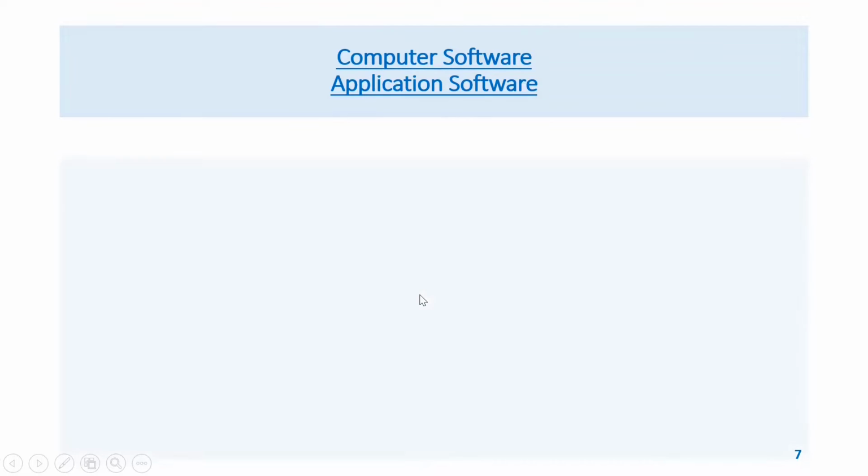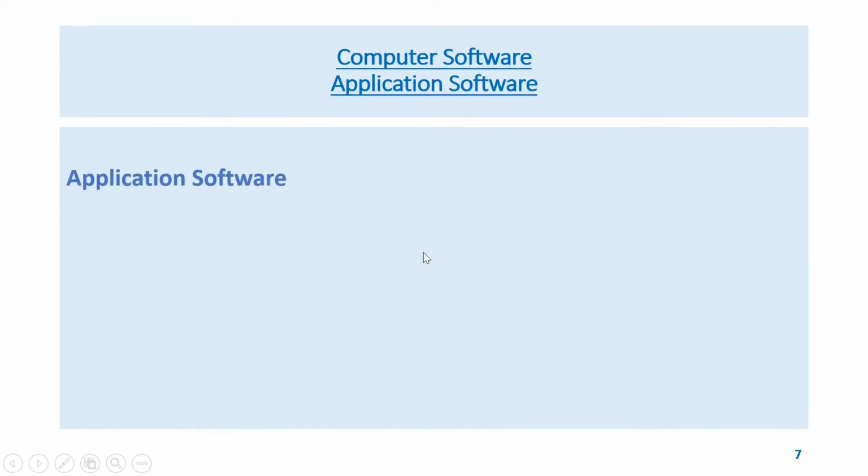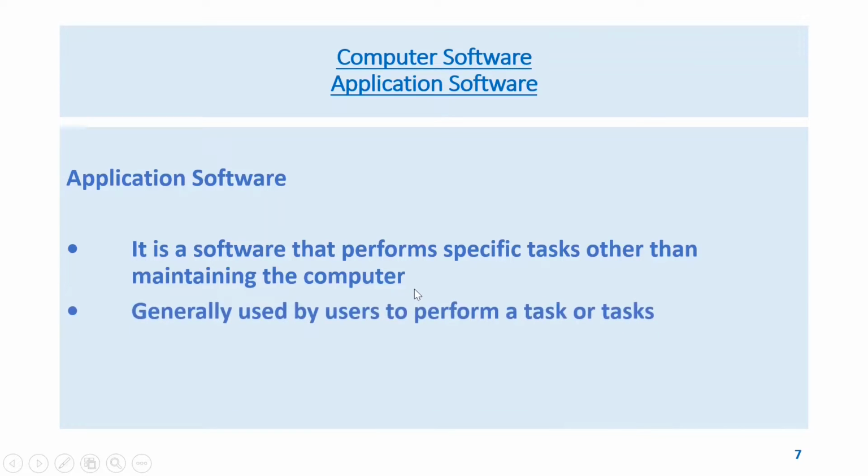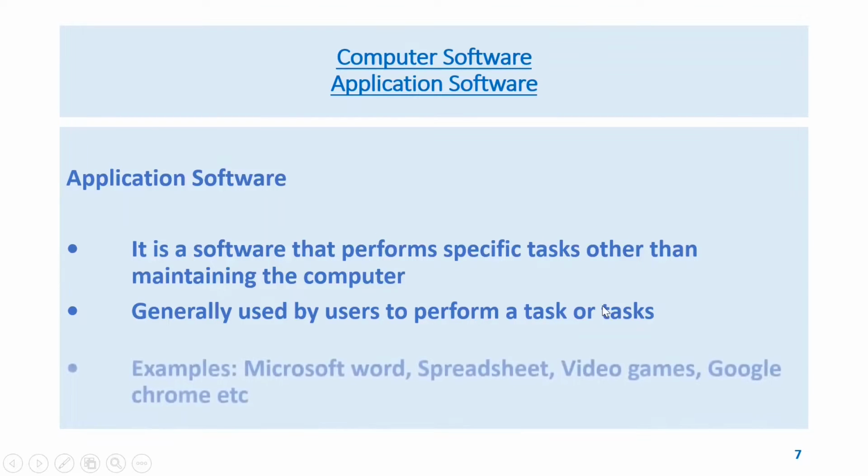Application software. Another type of software other than system software is application software. It is software that performs specific tasks other than maintaining the computer, generally used by users to perform a task or tasks.